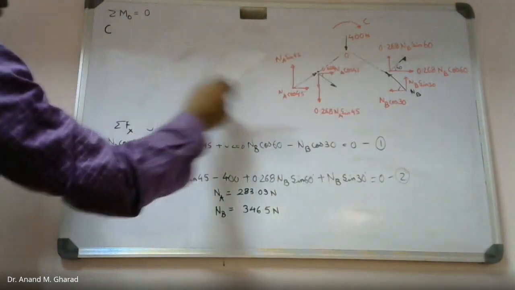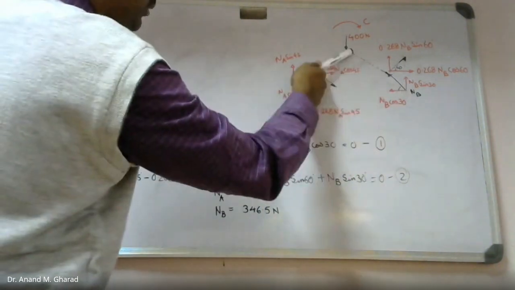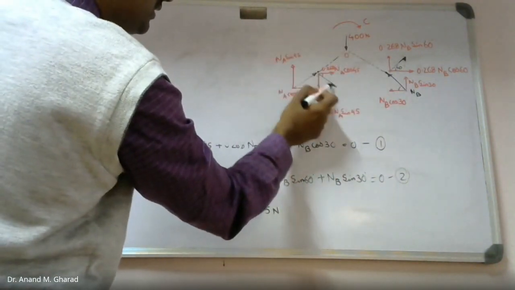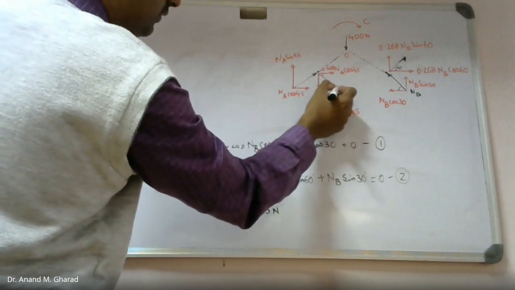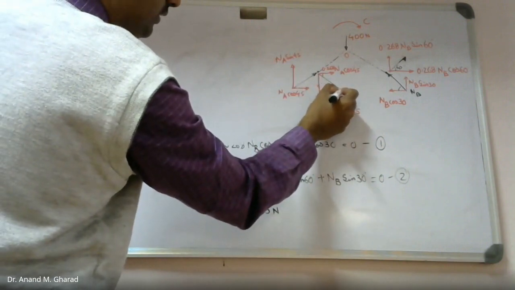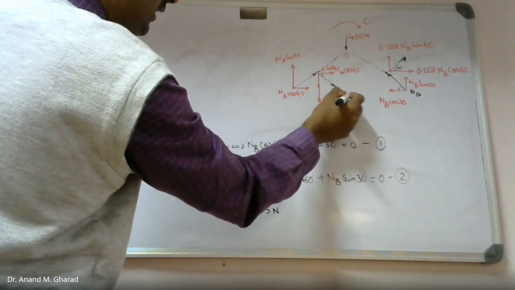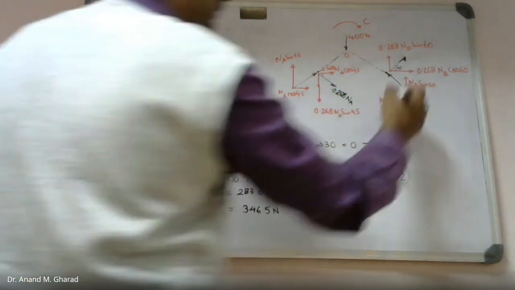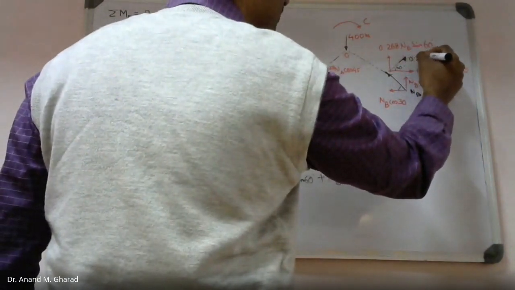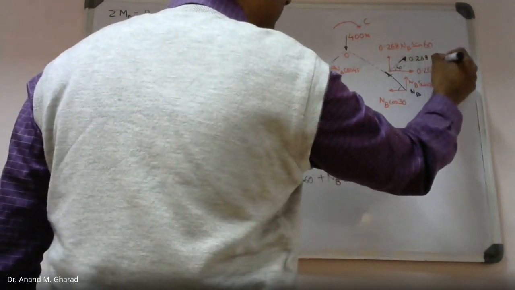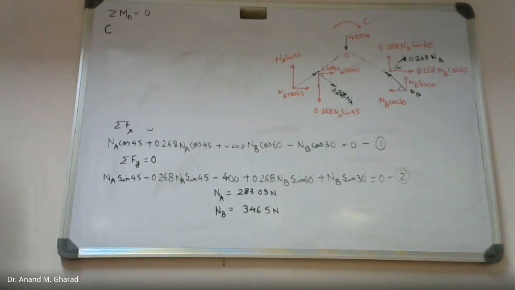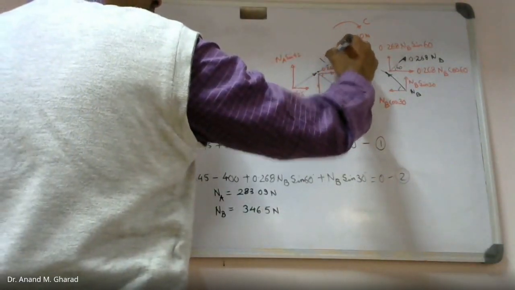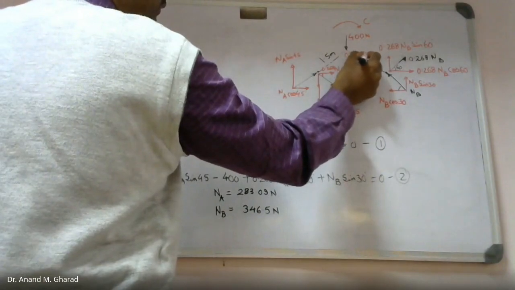It is as simple as that. So Na and Nb will be passing through point O, whereas the frictional resistances, what is the value for this frictional resistance? This is 0.268 times Na, and this is 0.268 times Nb. Okay, this is 1.5 meter, this is 1.5 meter.